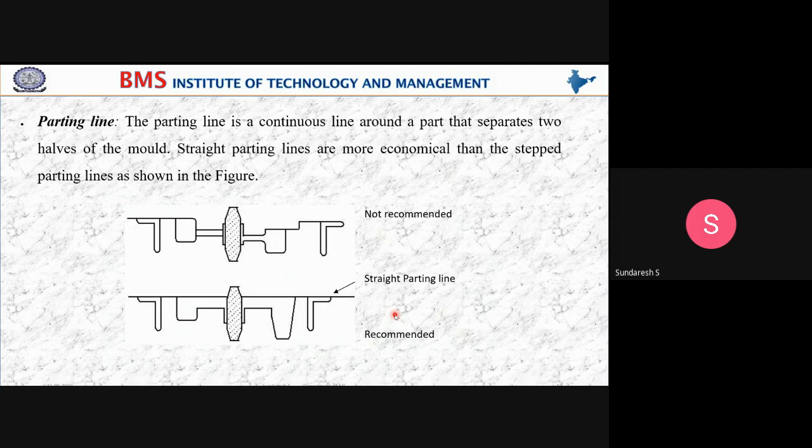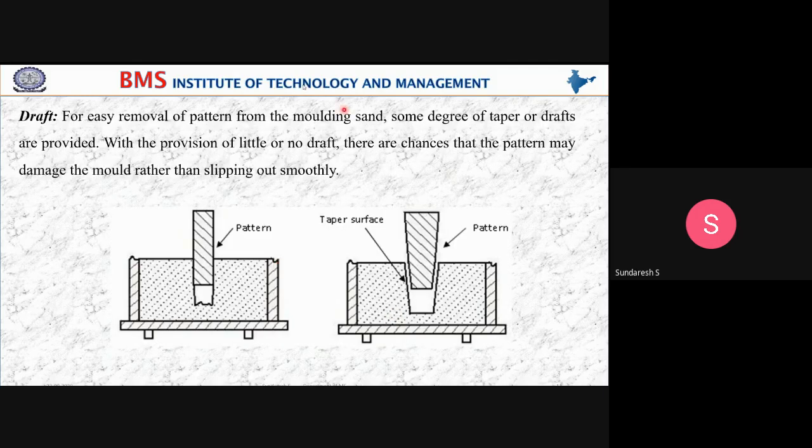Next thing is draft. For easy removal of a pattern from the molding sand, some degree of taper or draft is provided. With little or no draft, there are chances that the pattern may damage the mold rather than slipping out smoothly.